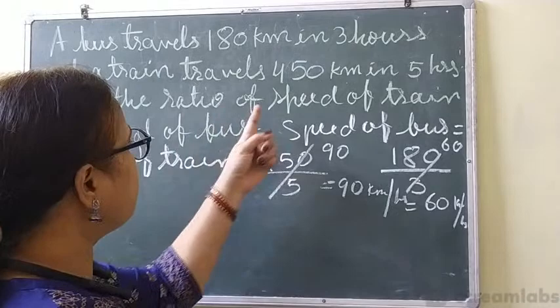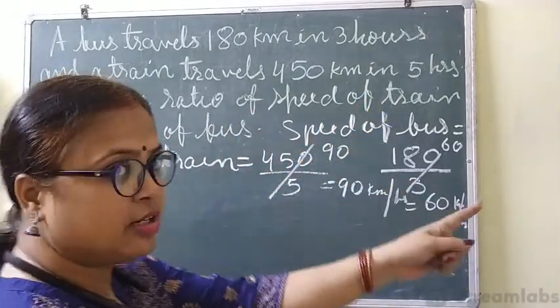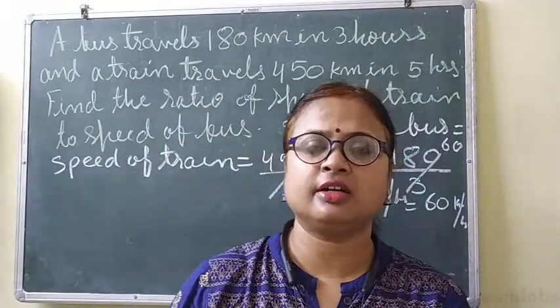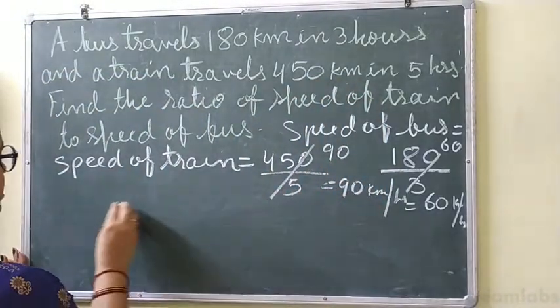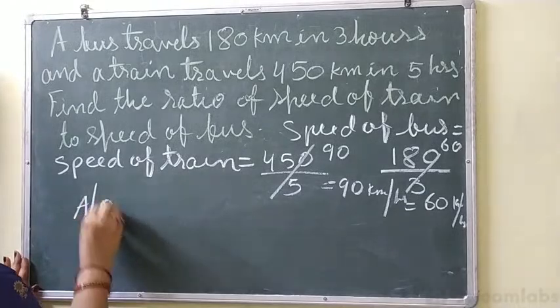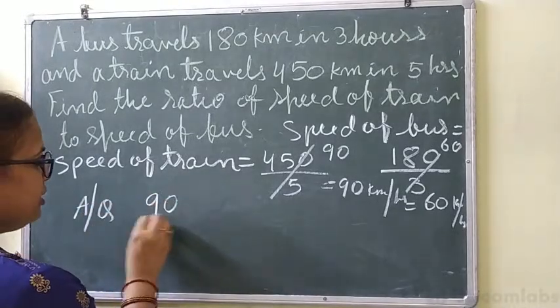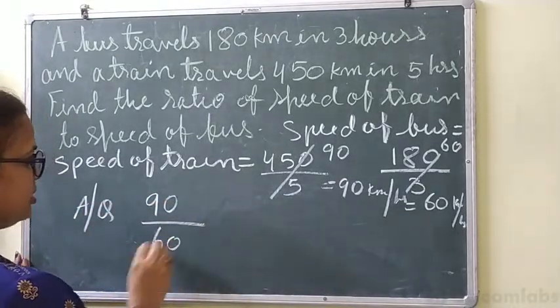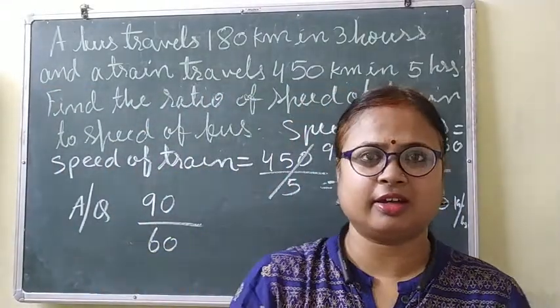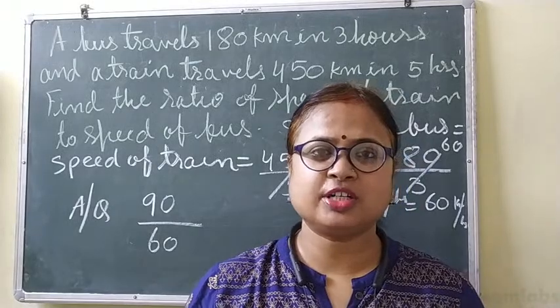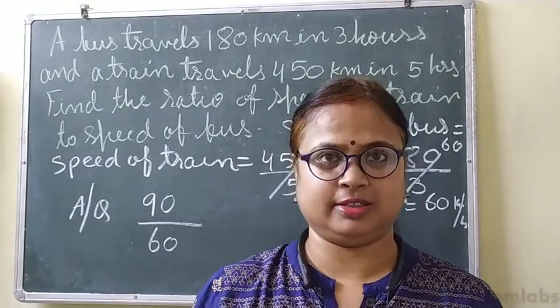What we have to find? We have to find the ratio of speed of train to speed of bus. So speed of train is 90, and we can write according to the question 90 divided by 60. It's a trick. When you write according to the question, you don't have to write a long statement.